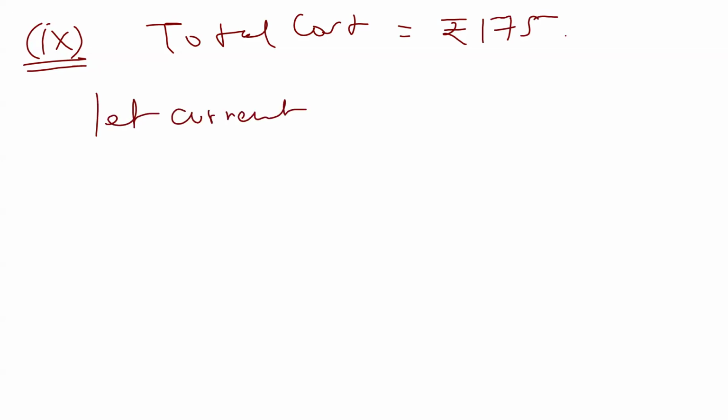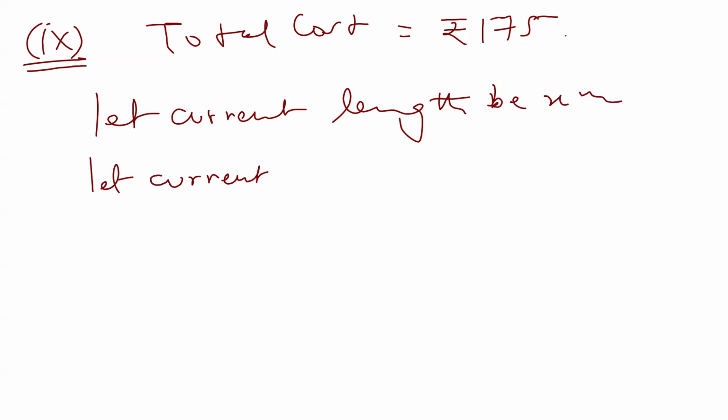A piece of cloth costs rupees 175. So that's the total cost of a certain piece of cloth, rupees 175.